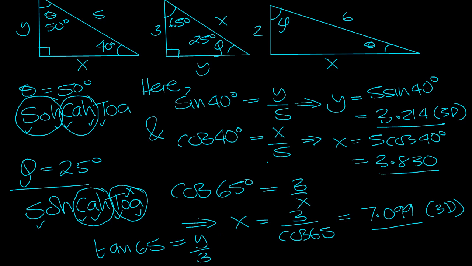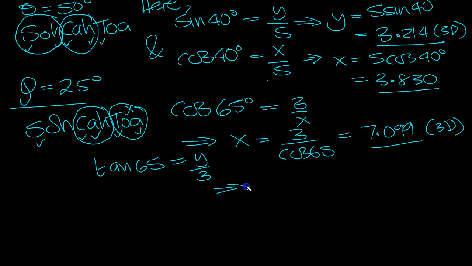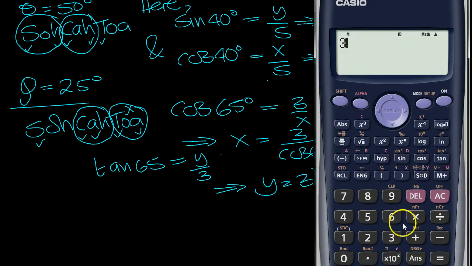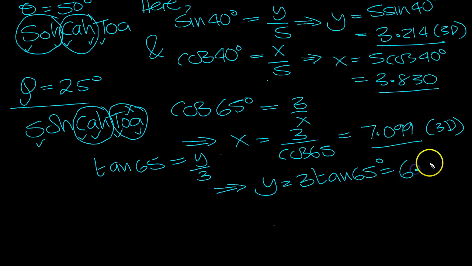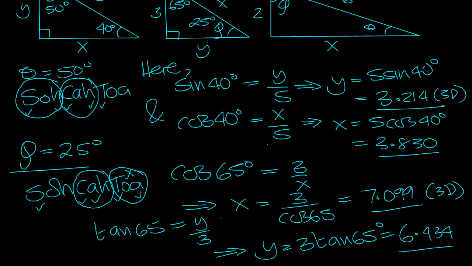So y is equal to 3 tan 65. 3 times tan 65 is 6.434. There we go, so that's the second one done.